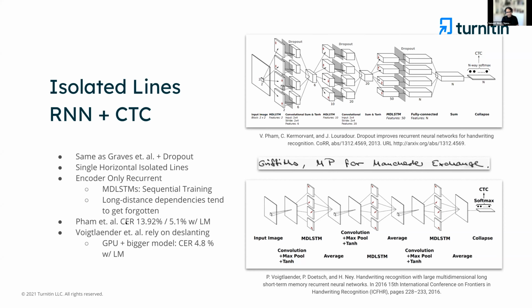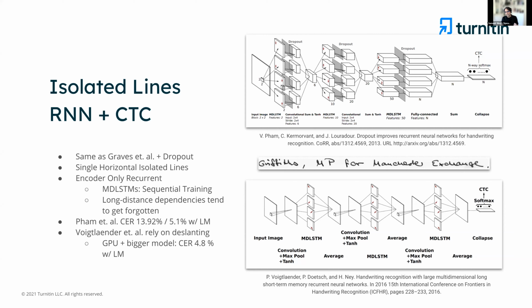On the IAM data set, they got a 13.92% character error rate without language model and 5.1% with language model. And language model is basically applied to whatever comes out of here. You constrain the vocabulary to a set of words, which means you have to know in advance what words are going to be in the text.